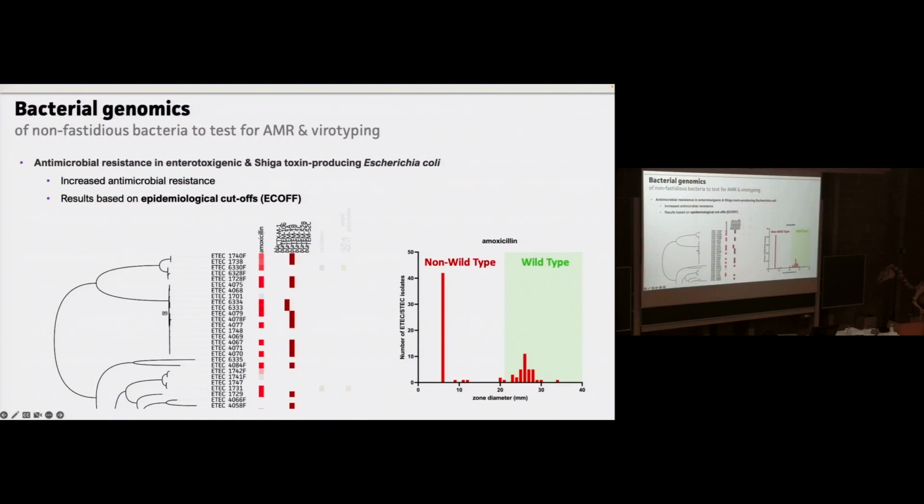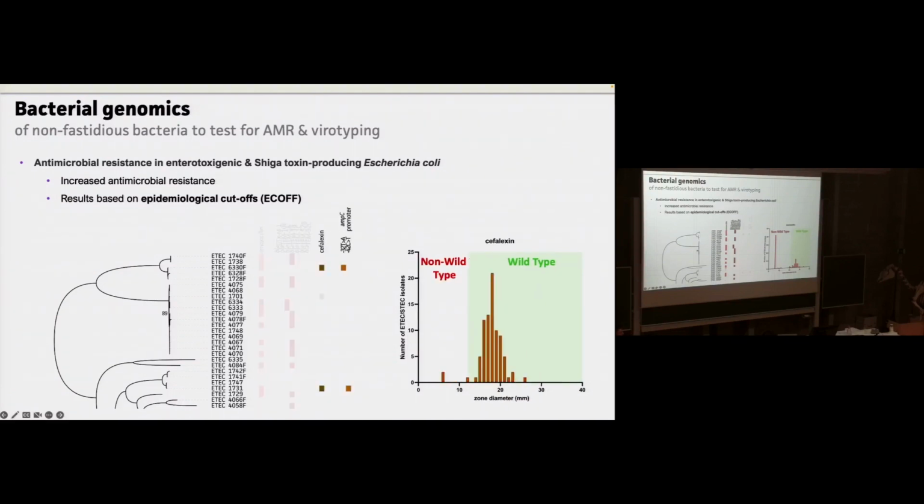As you can see, there's quite a nice collection of genes that we can use to show an association between genes and the phenotype. And indeed, the population that we see on the left, the non-wild type population, most of them harbor one of these genes that make them resistant. Meaning, if we can target this gene in our metagenomics approach, we know that they will be resistant.